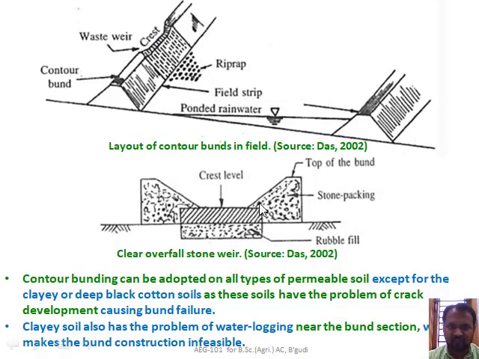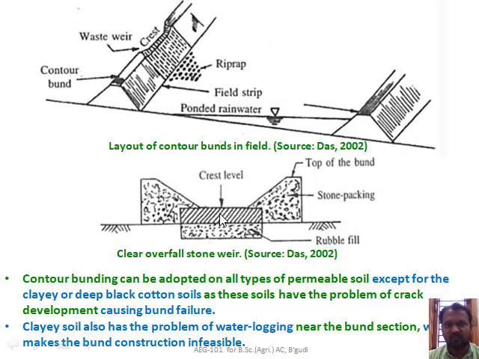Here you can also see how the overflow water moves down from this crest weir. In this diagram, it is constructed using stone packing, and rubble or stones are placed at the downside to avoid sediment flow. They are constructing the rubble fill at the downside.